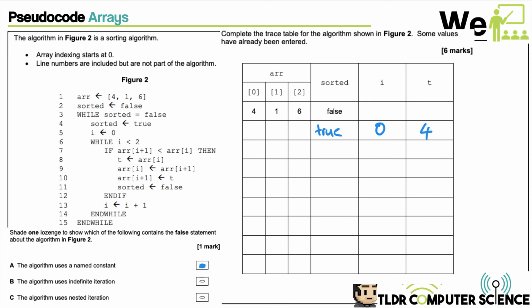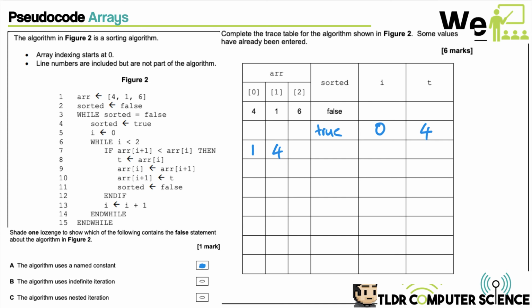Then array at I becomes what's at array at I plus 1. So this is array at I, so it's 0. 0 plus 1 becomes 4. So that variable there gets put in here. So that's become 1. Array at position I plus 1. So remember, I is still 0, plus 1. So at 1 becomes what's been held at t. So 4 gets put into that box there. So this is the swap that you get in the bubble sort.